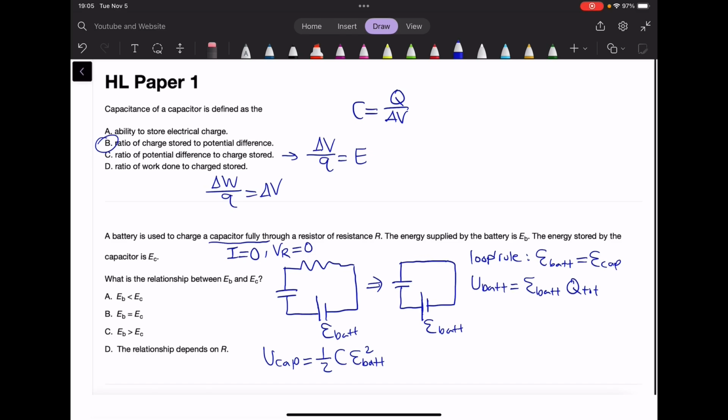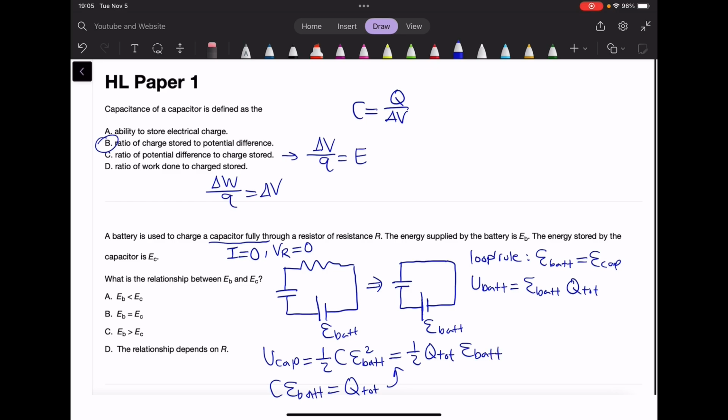And we know that capacitance multiplied by potential difference is equal to charge. So this is going to give me total charge in the circuit. Then the expression for the energy stored by the capacitor becomes a half multiplied by the total charge multiplied by the potential difference.